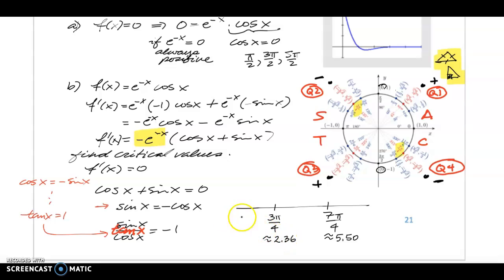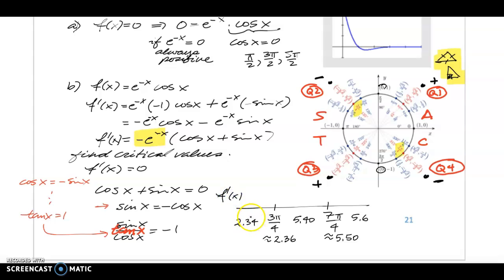Because you're going to have to plug in, let's say, this value, 2.34. Then let's put in something lower than that, so this could be 5.4. And on this side, you could say 5.6. And you would put these into your f prime of x.